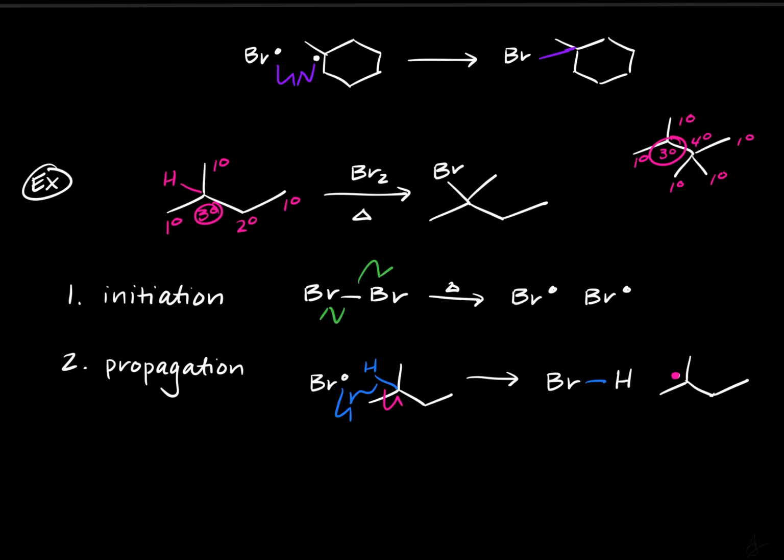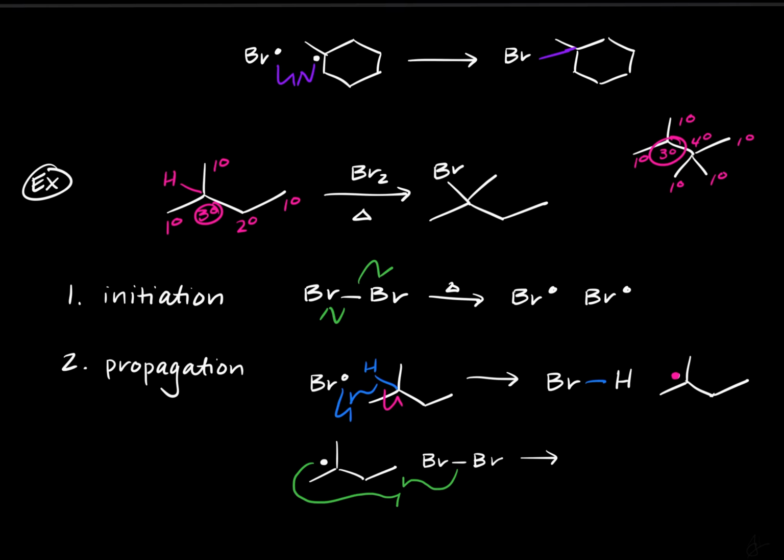In the propagation step, you're oftentimes asked to draw your major product, so you should do that. We will take our radical that we just formed, and Br2, and do the exact same thing. We'll form our major product in doing so. We can take 1 electron from our bond to form the carbon-bromine bond.